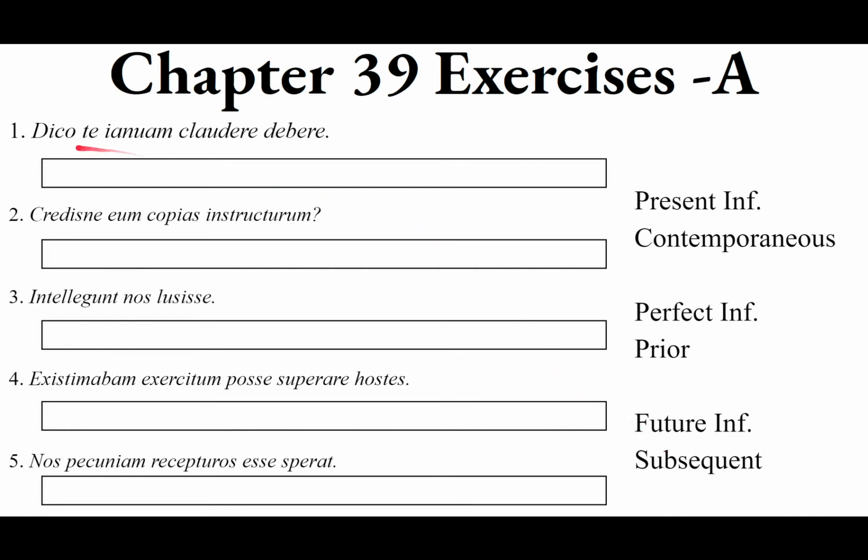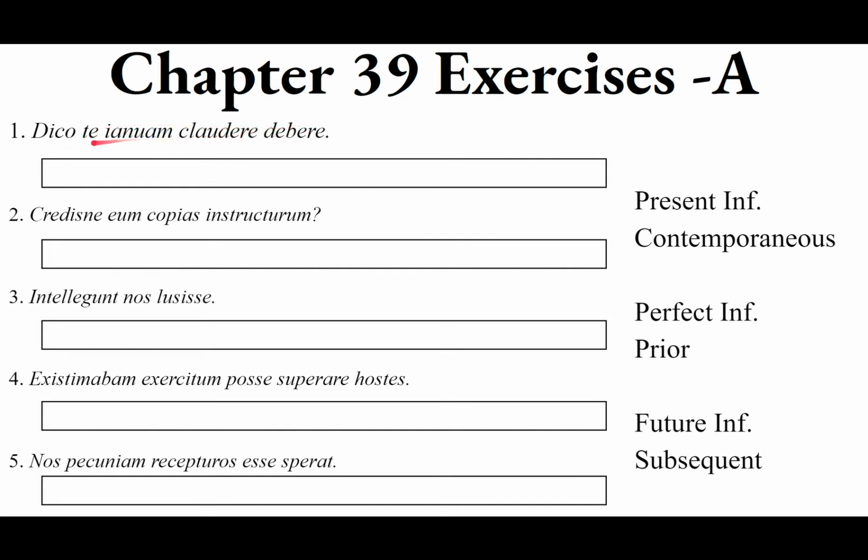So in dico te januam claudere debere, we have dico, I say that. What do I say? Dico, I say. Well, what? What thing? What follows is going to be a noun. The answer to what is a noun. That. It's just not one noun, it's a noun clause.